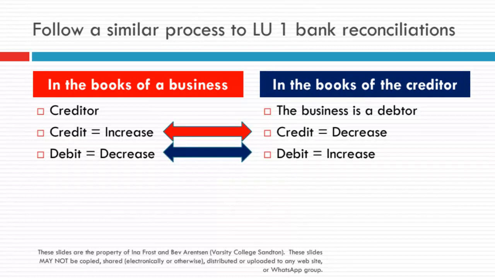So remember, our books are done from the perspective of the business, where they will show the creditor, and a creditor always increases on the credit side. But the statement from the creditor is done from the perspective of the creditor, and the creditor views the business as their debtor. So the same as Learning Unit 1 with the bank statement and the cash books, the two will be opposite from each other.